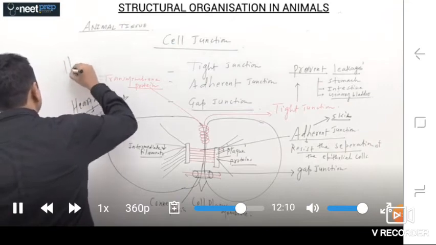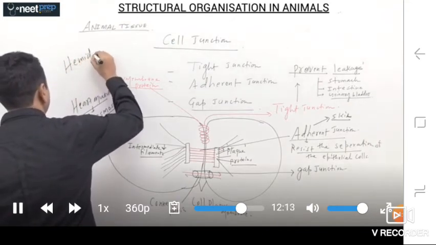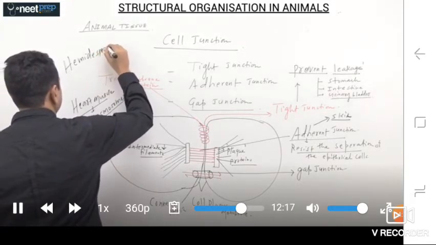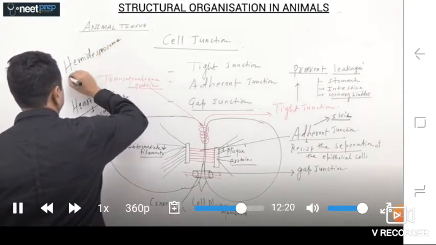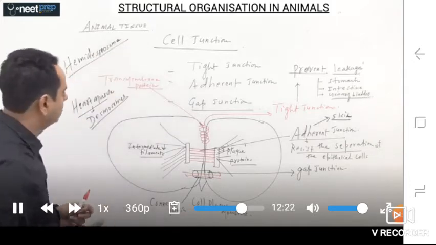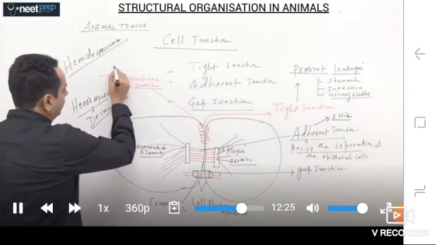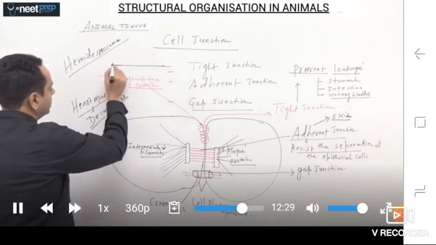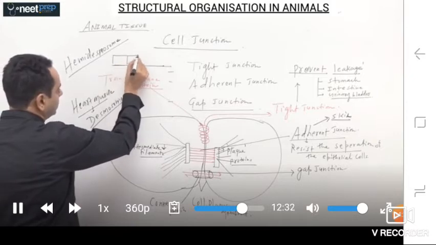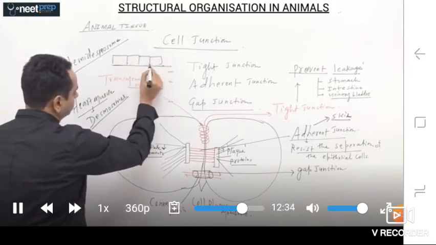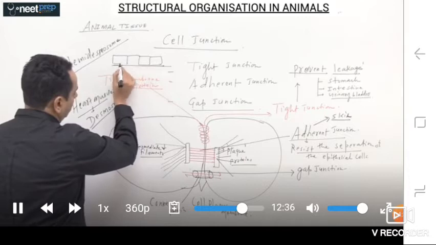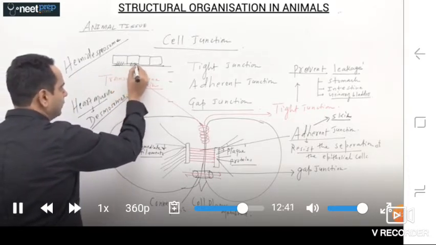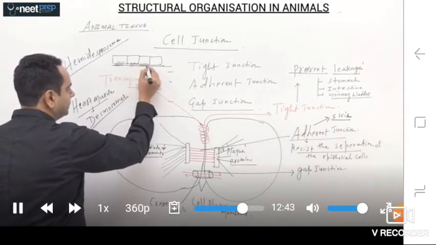One more term is called hemidesmosome. And what is that? Suppose this is the part of the basement membrane of epithelia, and there is a single layer of cells, and these cells are attached to the base of the basement membrane.